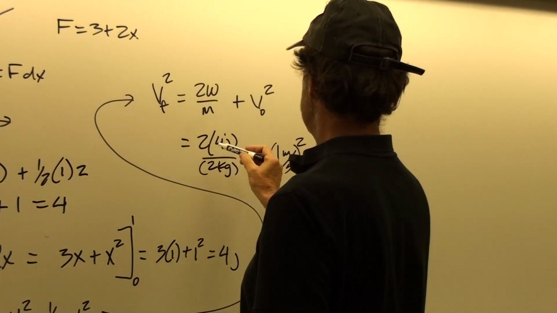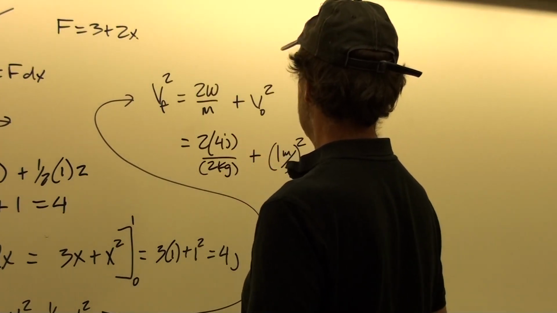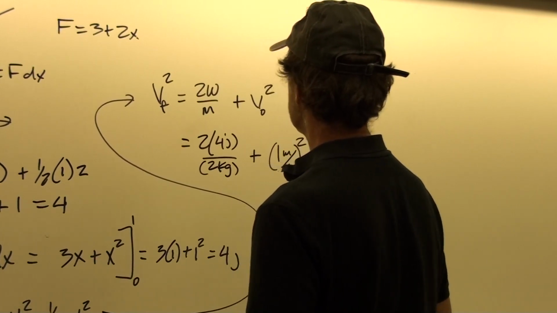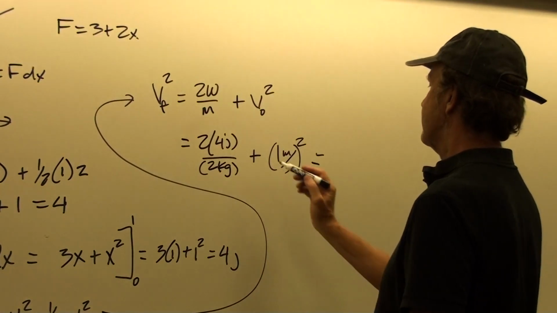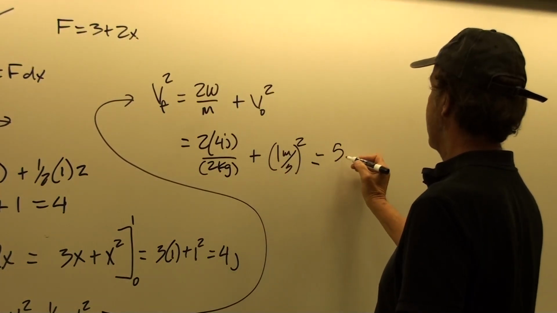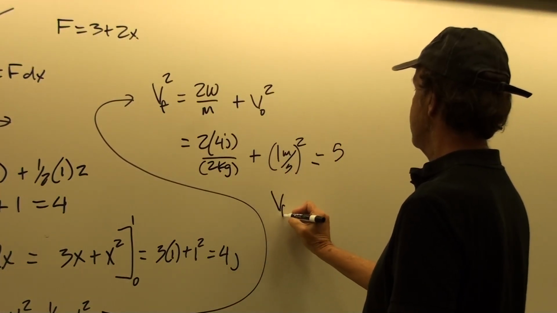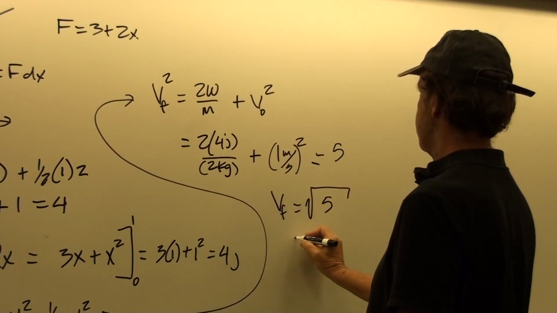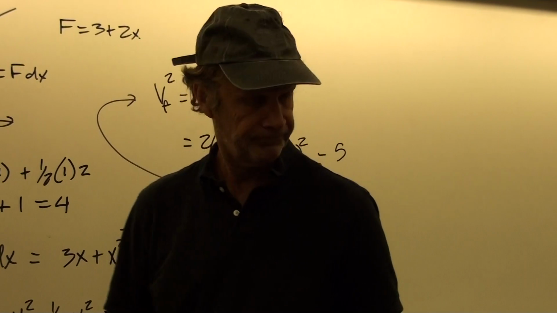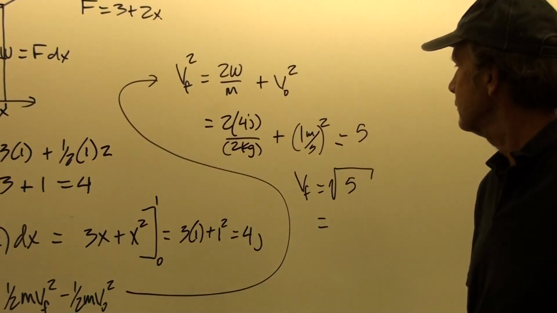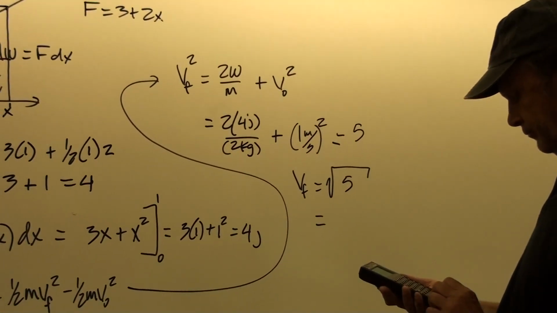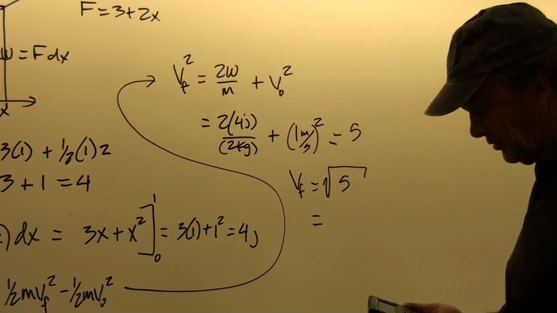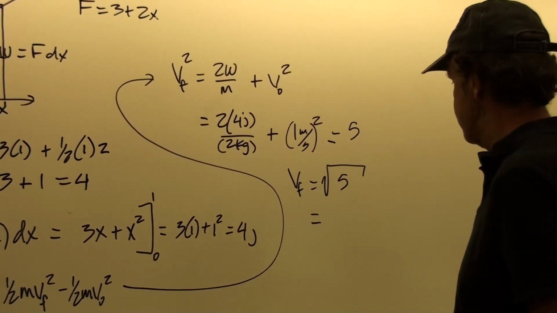So the 2's cancel, and so we're just left with 4 plus 1 is 5 for v final squared, or v final is equal to the square root of 5 meters per second, which is 2.23 meters per second.